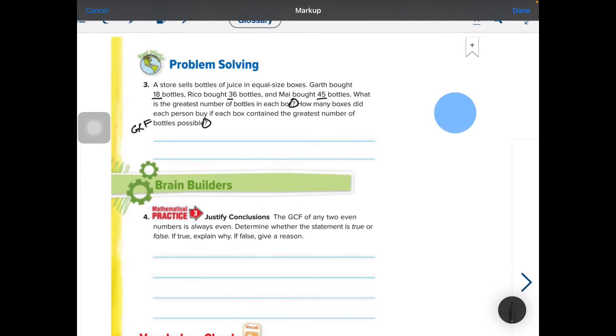Okay, so let's give us some room. We need to do 18, 36, and 45. Okay, so let's work on this right here. 18.